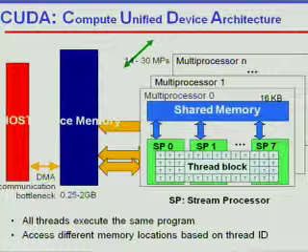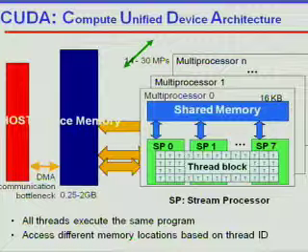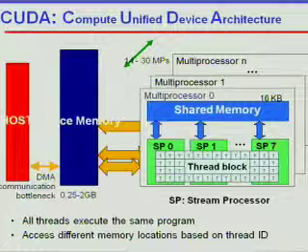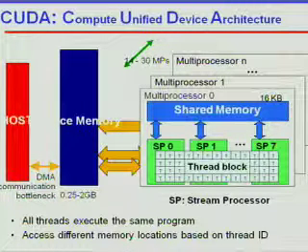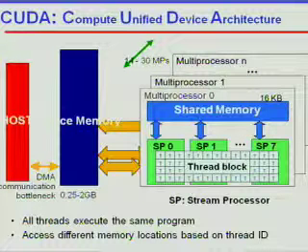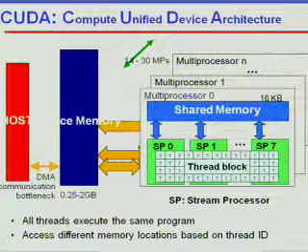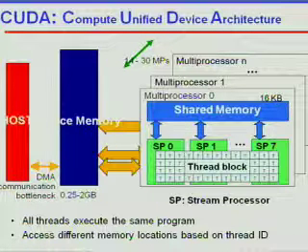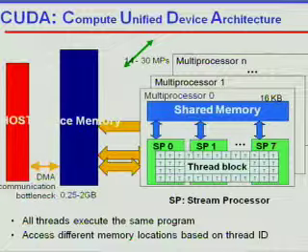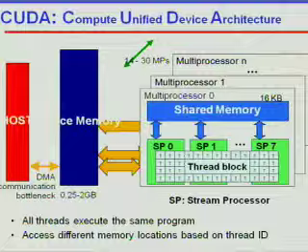There is also a shared memory in the multiprocessors for access by each stream processor. All threads can execute the same program, and the stream processors can access different memory locations based on the thread ID.